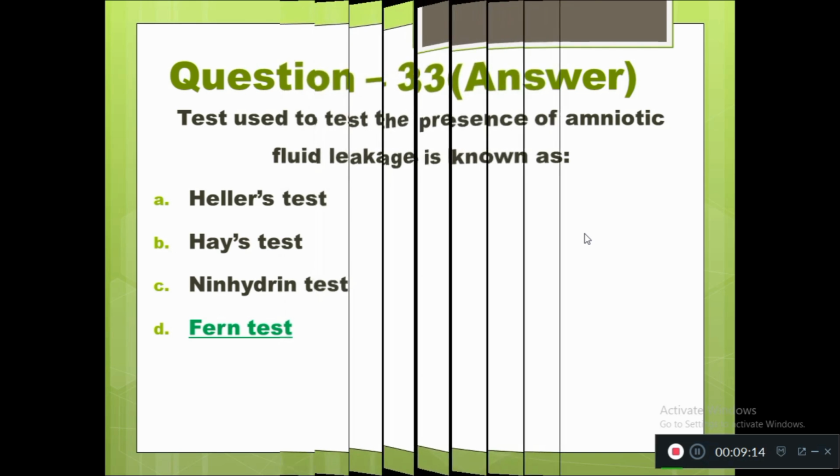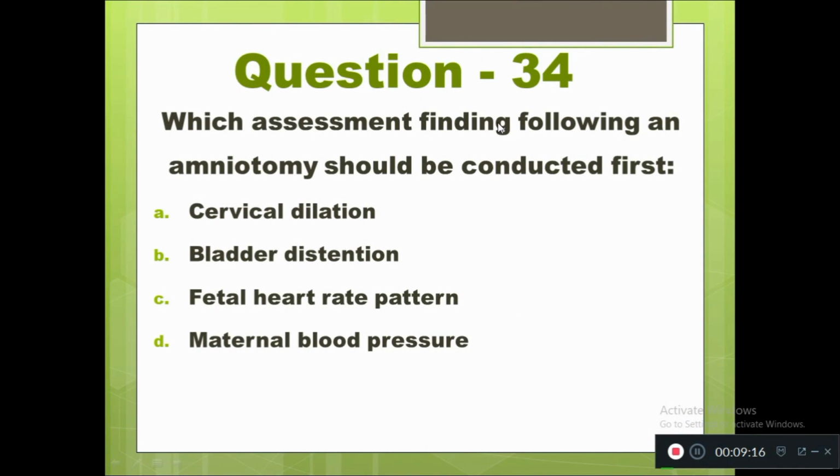Question number 34. Which assessment finding following an amniotomy should be conducted first? Option A cervical dilation, option B bladder distension, C fetal heart rate pattern, and D maternal blood pressure.